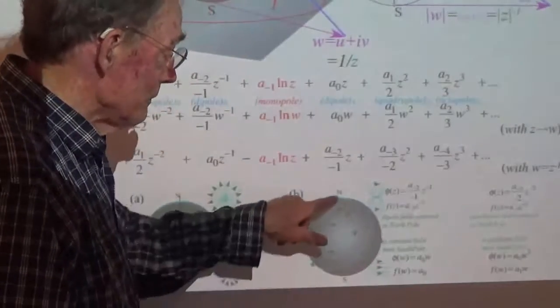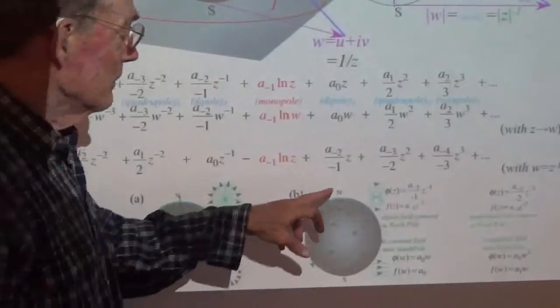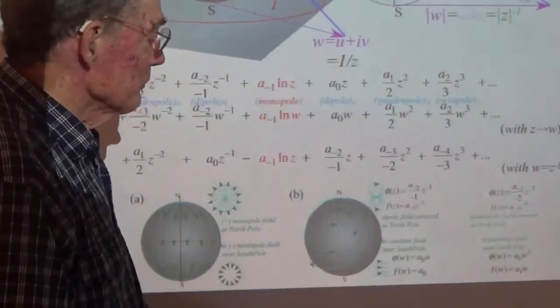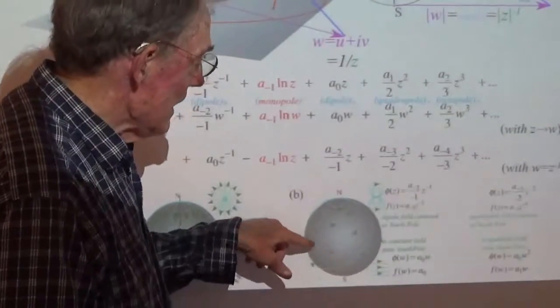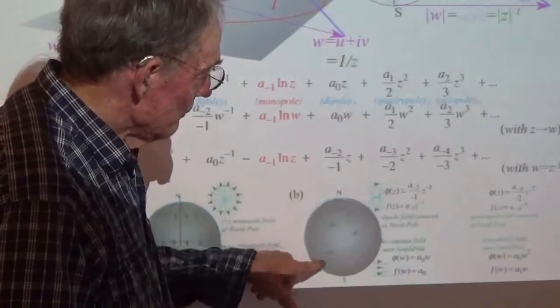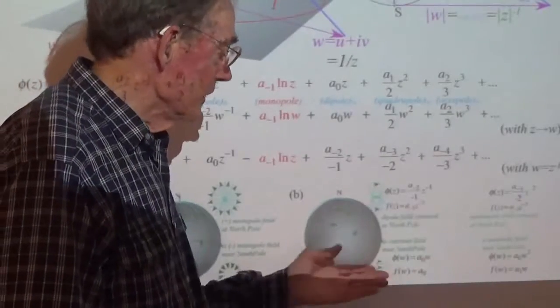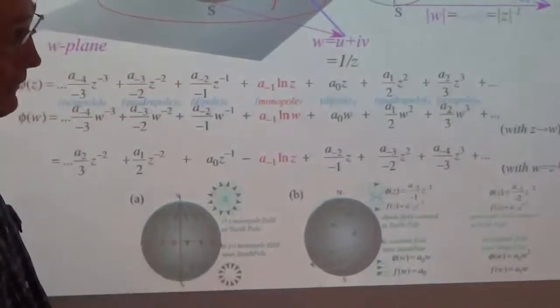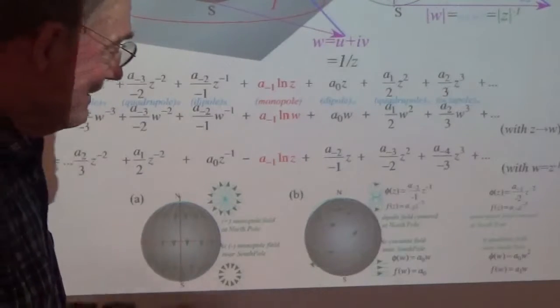But when you come to talk about a dipole centered at the North Pole, that's what we call z equals 0. Well, over there at z equal infinity, which is w equals 0, we will have a uniform field, w. That's what you get if you take one of these programs and just go for the no pole.